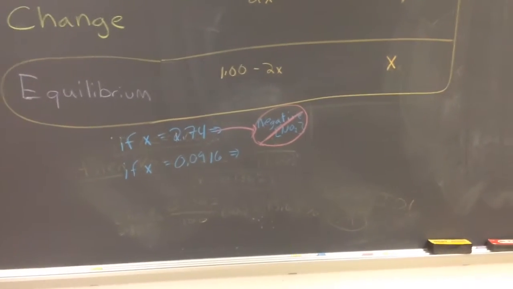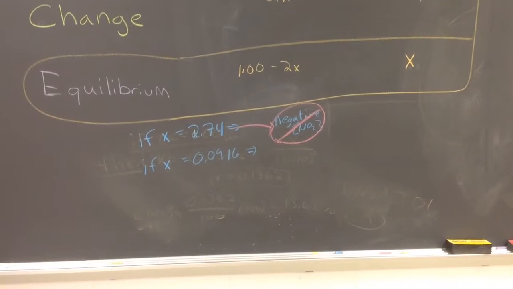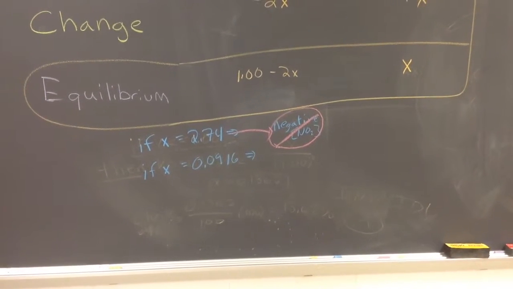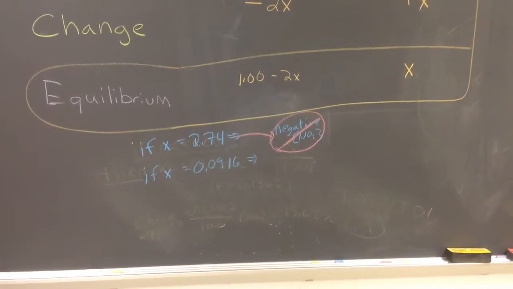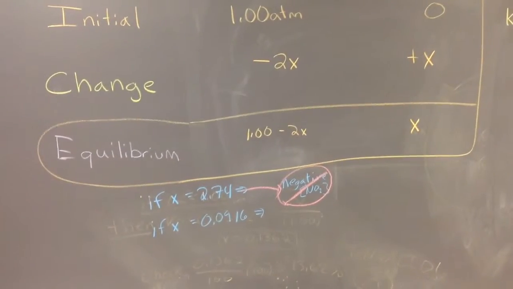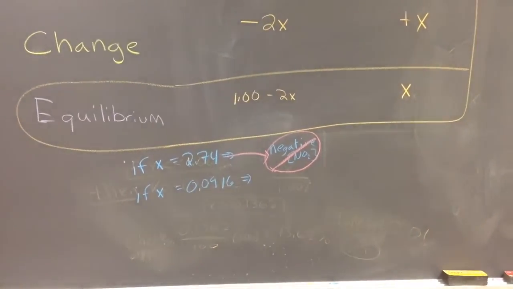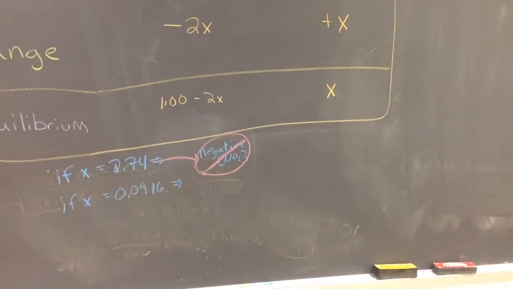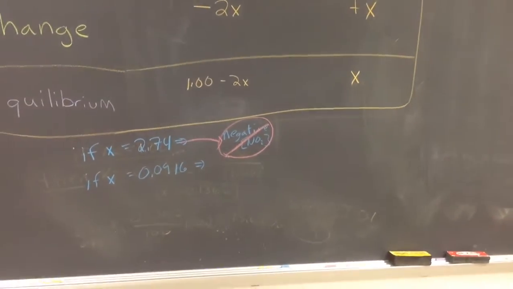If x is a smaller value of 0.0916, then that makes our equilibrium concentration of NO2 approximately 0.8 something, and this value to be 0.0916 atmospheres. And that's more reasonable, right?